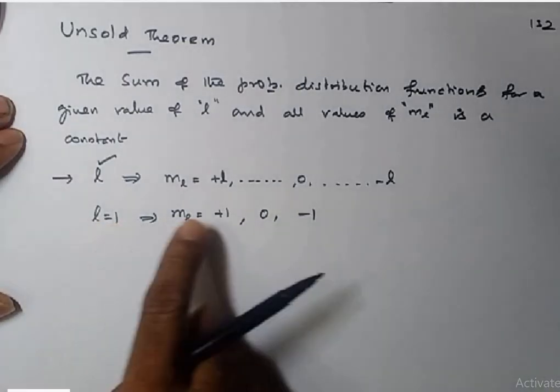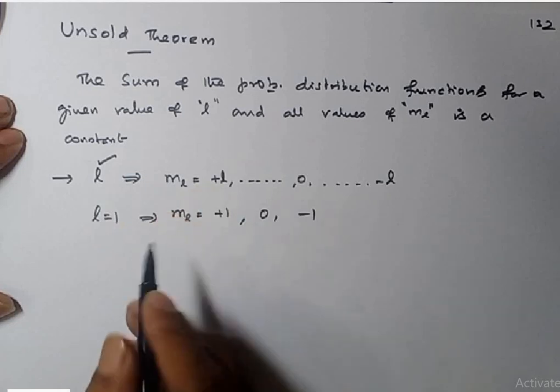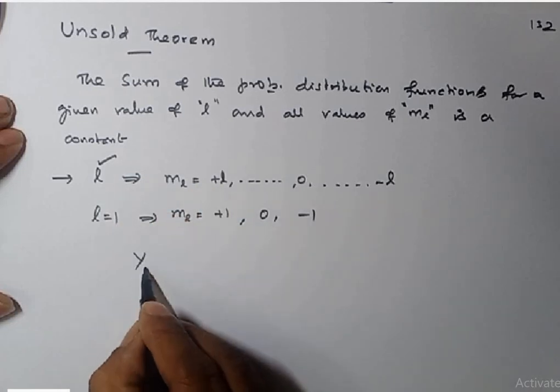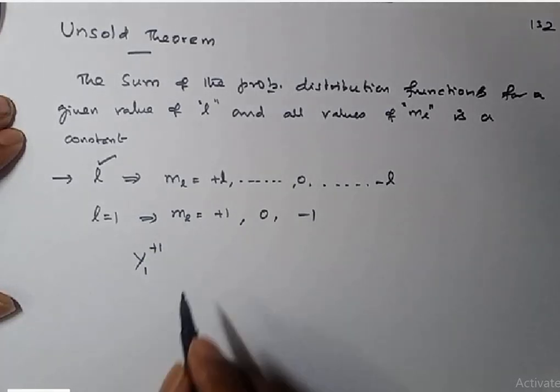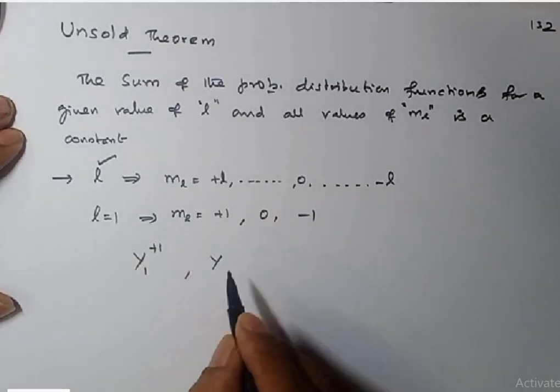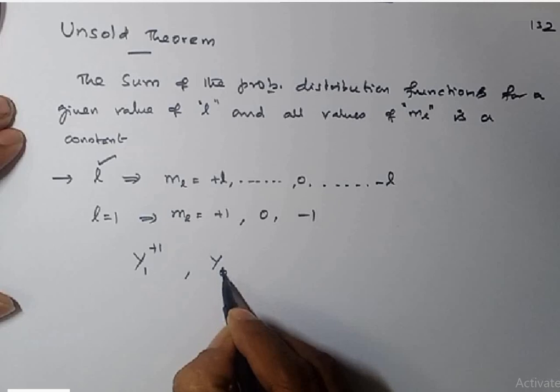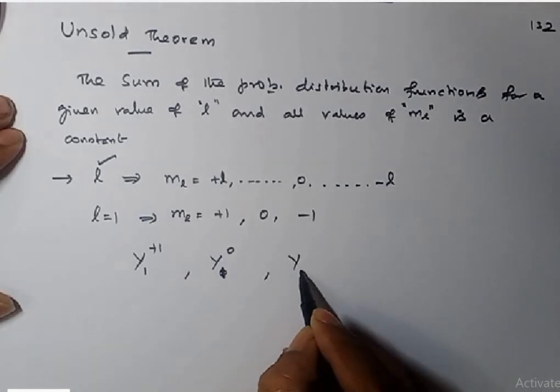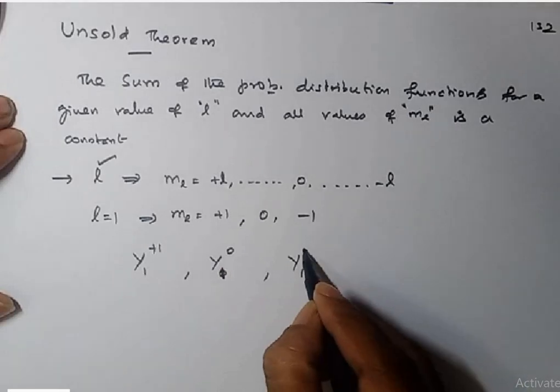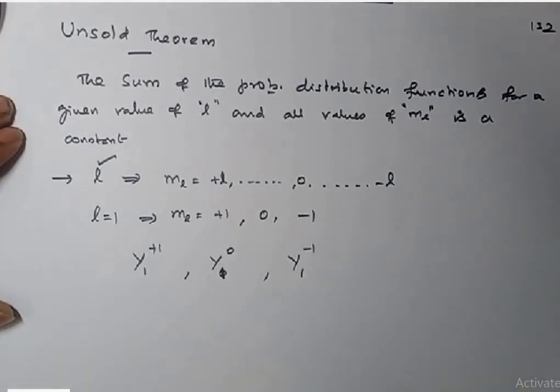Each gives one state. We represent this as L1, ML plus 1, which represents a state. Then L1, ML 0 represents another state. Then L1, ML minus 1 represents another state.